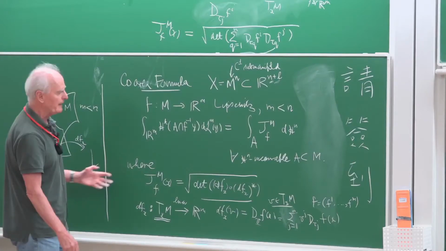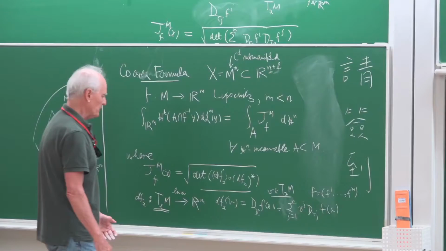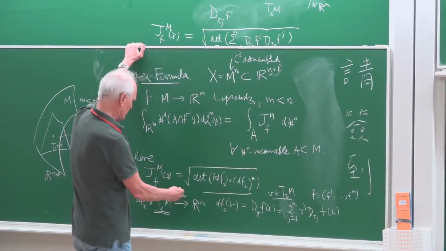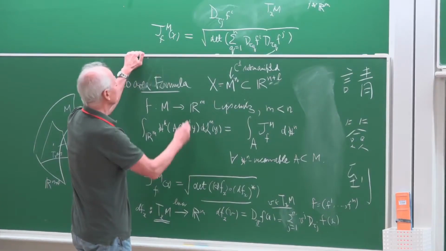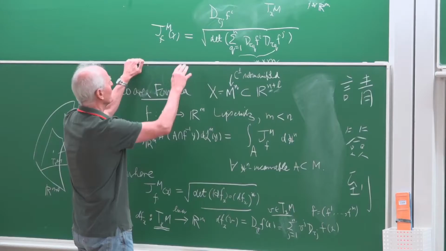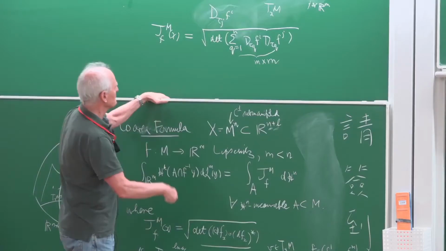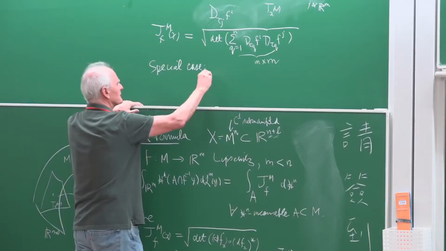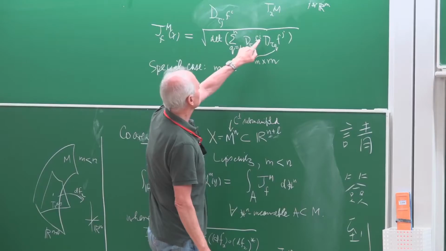Okay, so we get this identity, and we have a nice formula for the Jacobian. Let's just do one special case. An important special case is the case when m is equal to 1. Now in that case, there's only one component here. F is real valued.